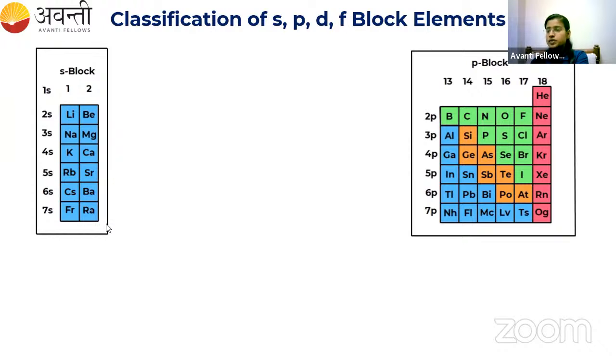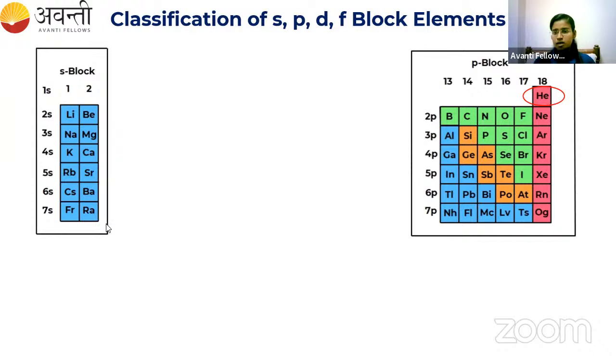Yes. Okay, listen. So we have 6 groups, 13 till 18, which are called P block elements, but there is one exception, which is helium. Helium is not a P block element, but it is kept under the P block. Why is it not called a P block element? The last electron does not enter into the p orbital for helium, because we don't have a p orbital at all.